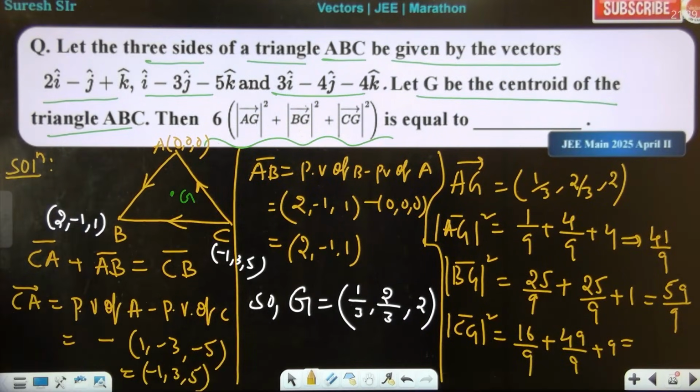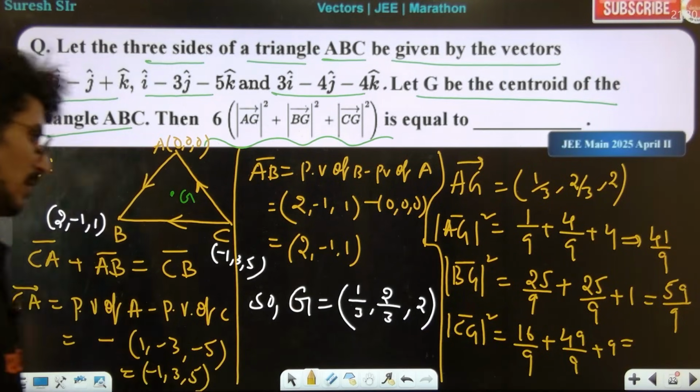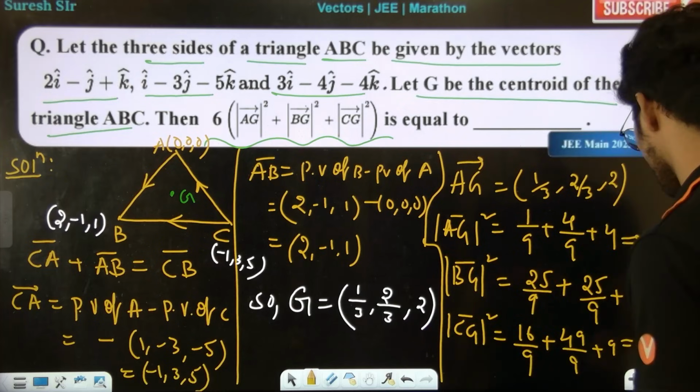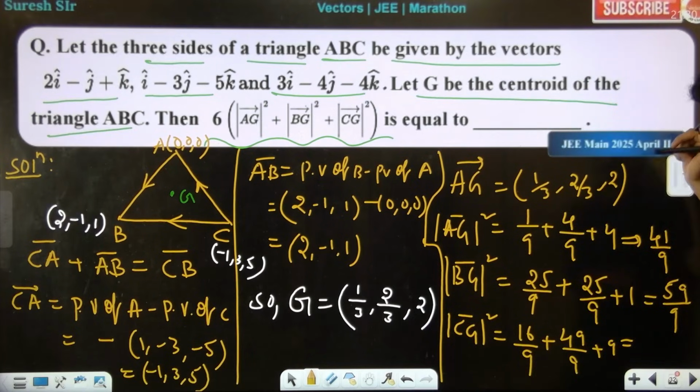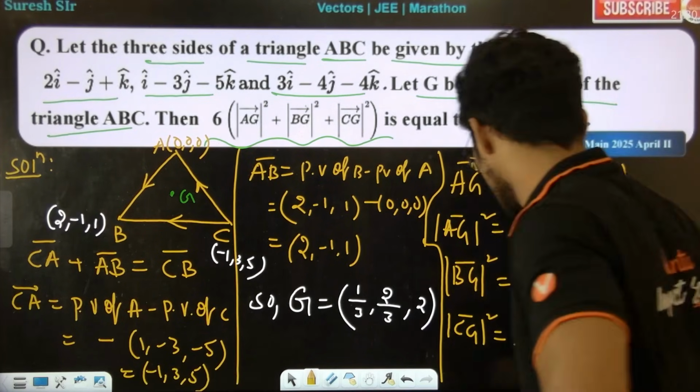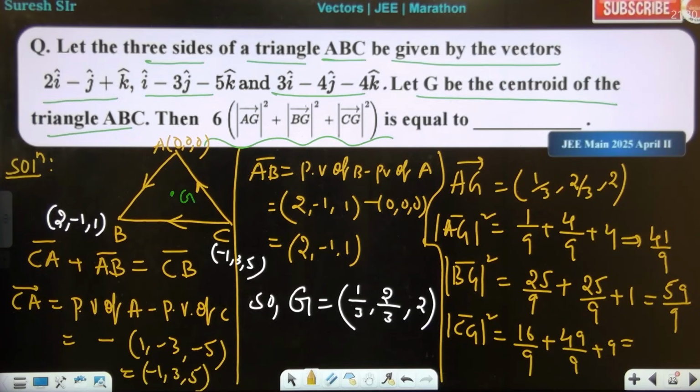Did I make any calculation mistake? Check. 16 by 9 is correct, 49 by 9 is correct, plus 9. So everything is correct. 50 plus 16, 55, 65, sorry, 65 plus 81.